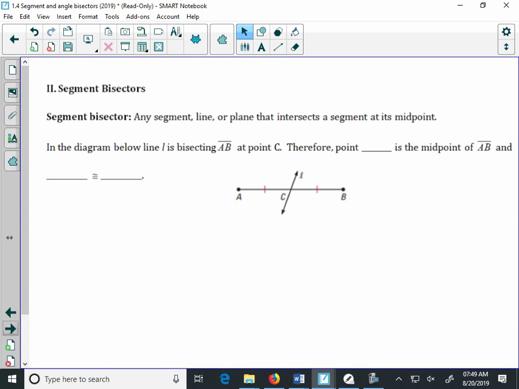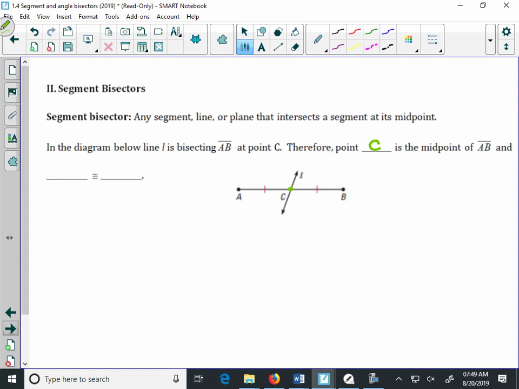So if we take a look at this diagram here, line L is bisecting AB at point C. Therefore, point what has to be the midpoint of AB? C, because that's where it's bisecting. It always bisects to the midpoint. Okay. And then what two things are congruent?